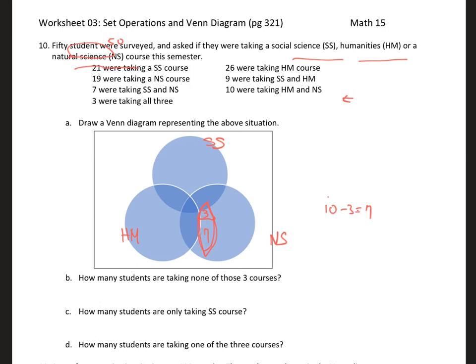I'm going to let you finish the rest of it, but you have to work inside out. Make sure that it says 10 were taking humanities and natural science. That means 10 is in this whole area. So I have to separate that into the intersection part and the non-intersection part. All right, so I'm going to have you finish the rest of the worksheet.